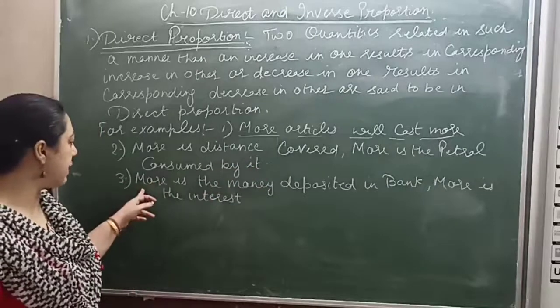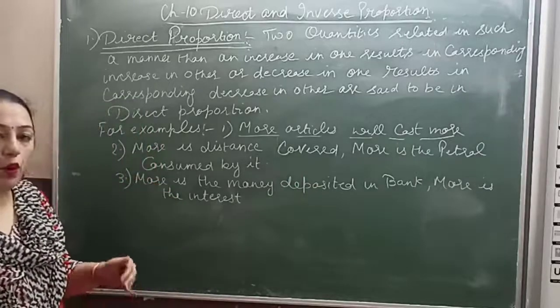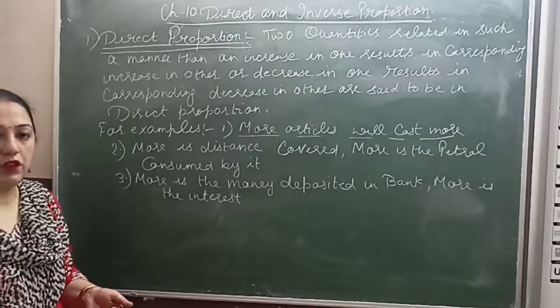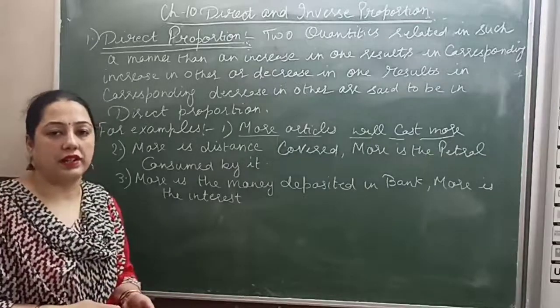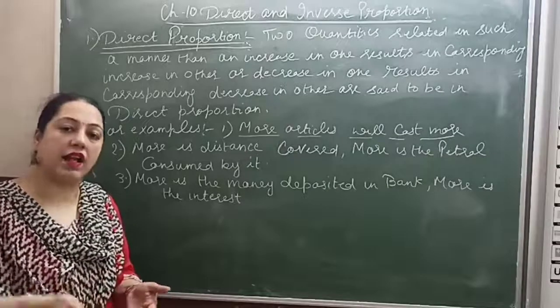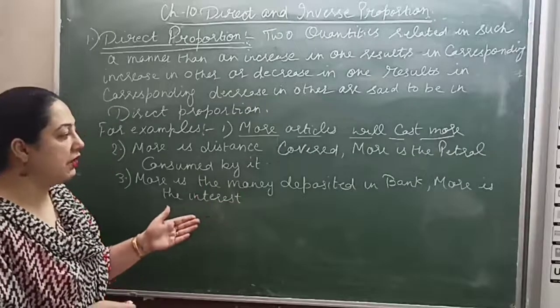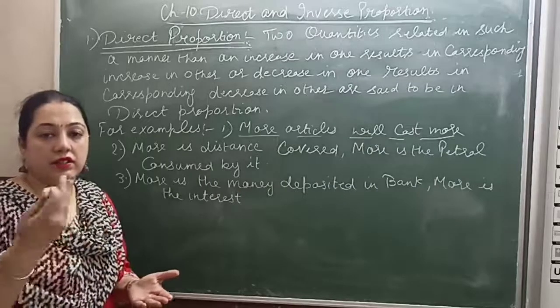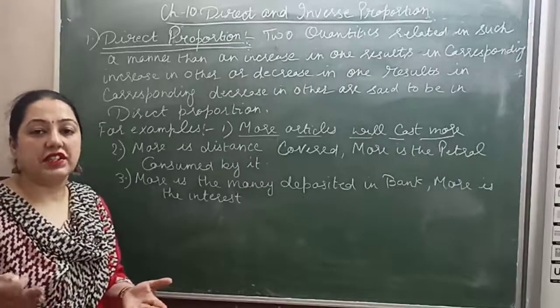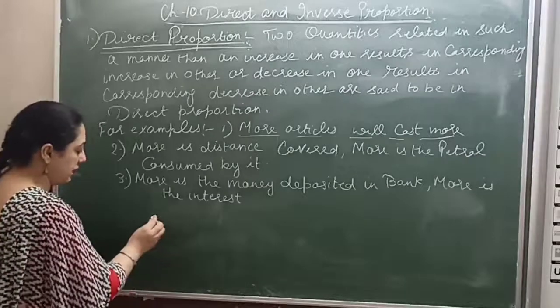The third example is: the more money deposited in the bank, the more interest. If you deposit more money, then you will get more interest, and if you deposit less money, then you will get less interest. So this type of variation, in which a change in one quantity gives a change in another quantity, is direct proportion.